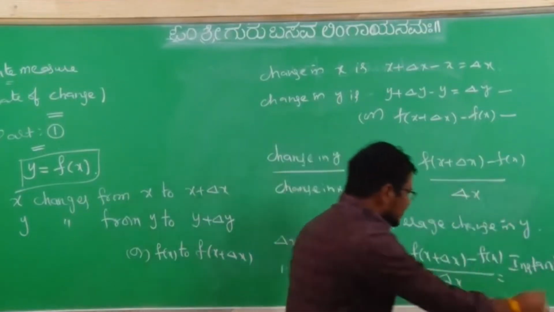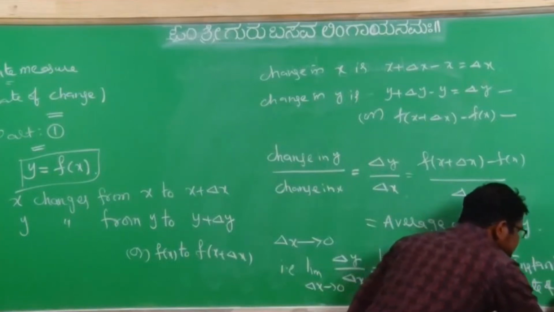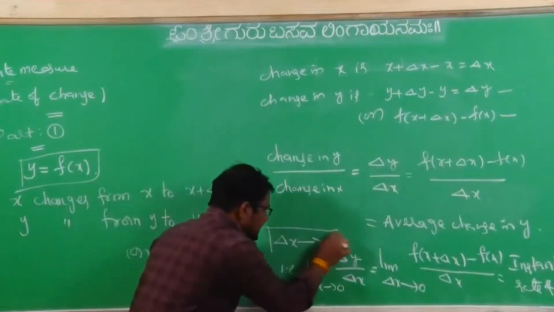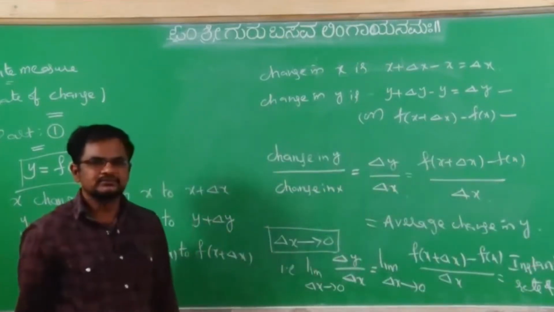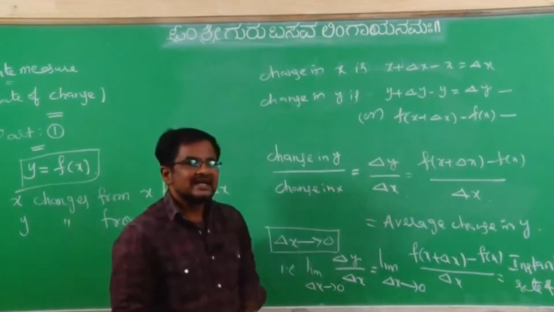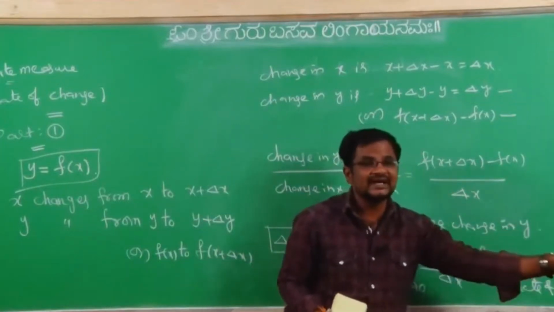Instantaneous rate of change in y with respect to x. Whenever delta x approaches 0, this delta y by delta x becomes instantaneous rate of change of y with respect to what?